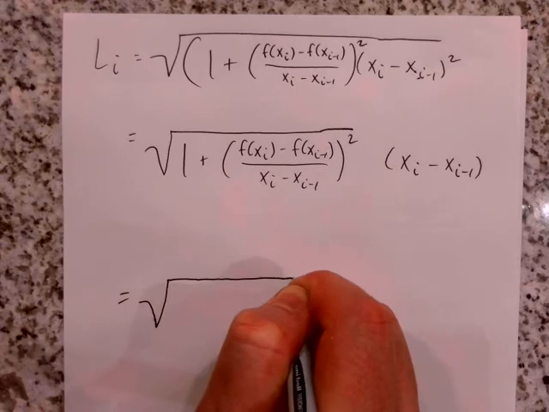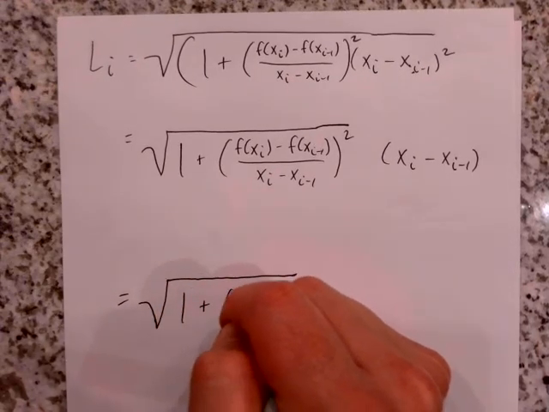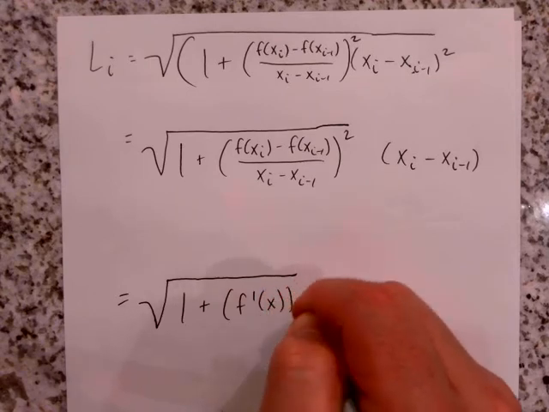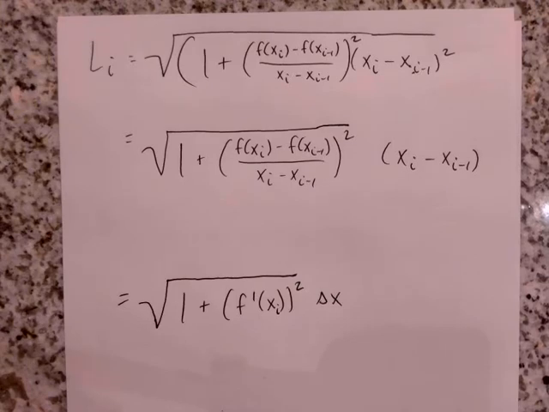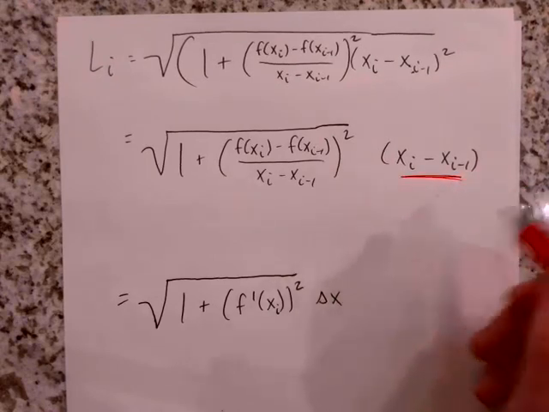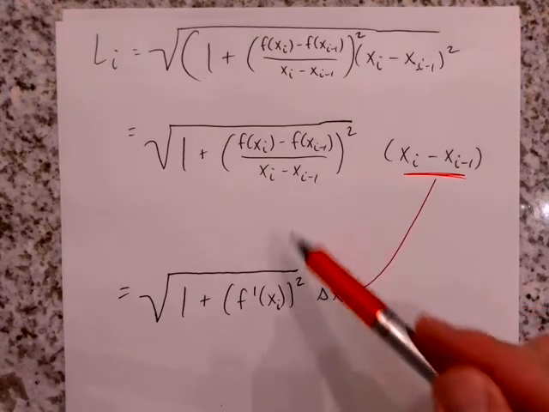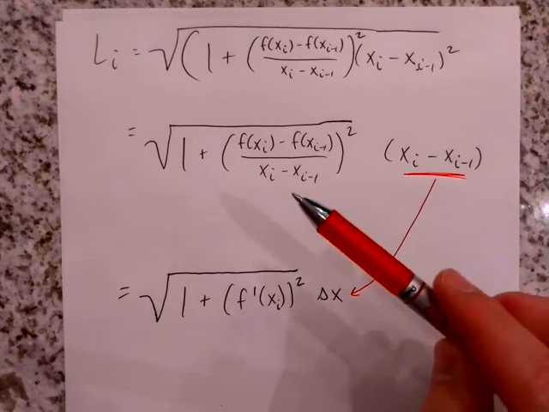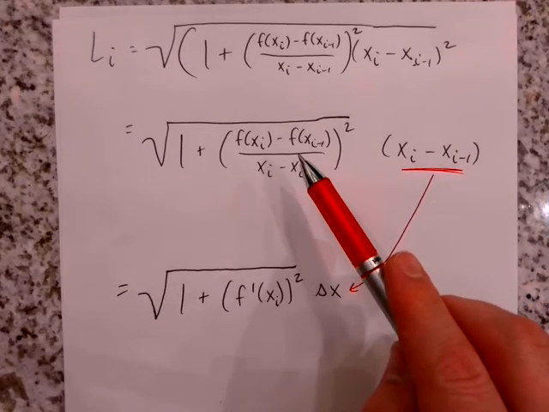I'm going to change one more thing too. So two things happen here. The first, or the second change is obvious. That's the change in x. The other change was not so obvious. We replaced this quotient with f prime. Well, when you look at it, this is the average slope of f.